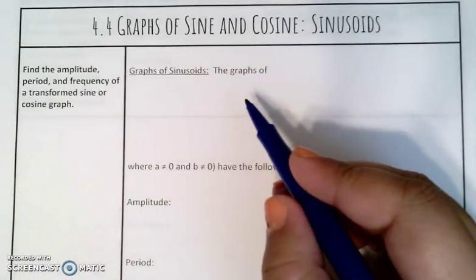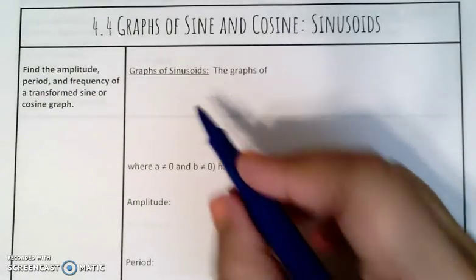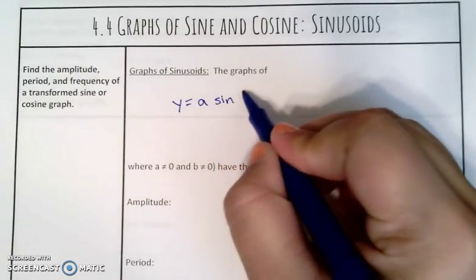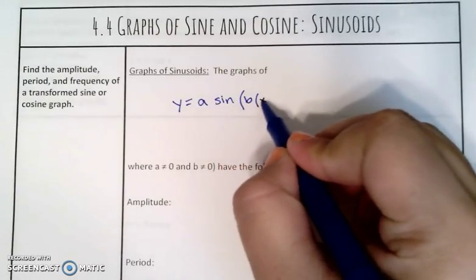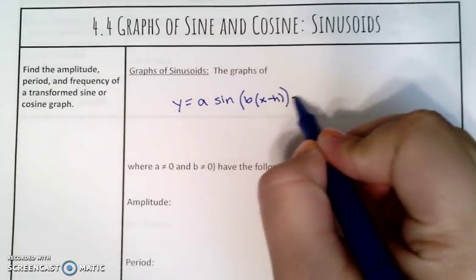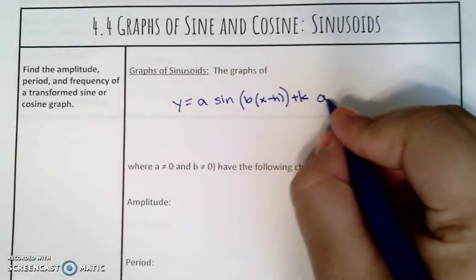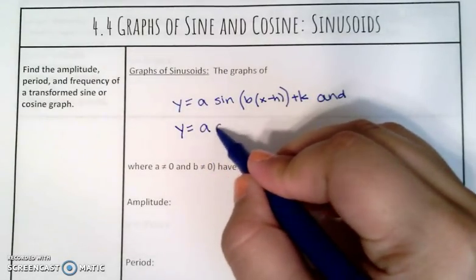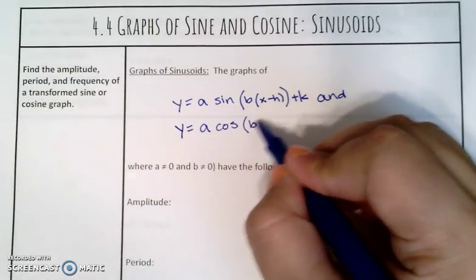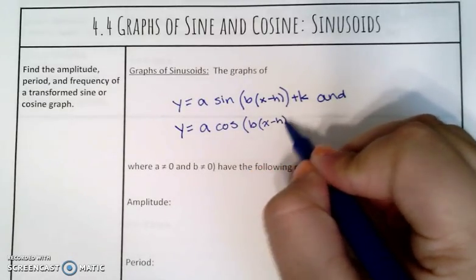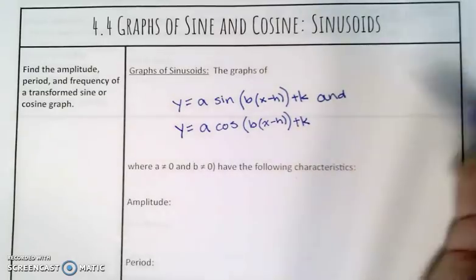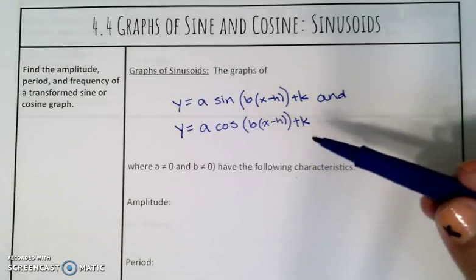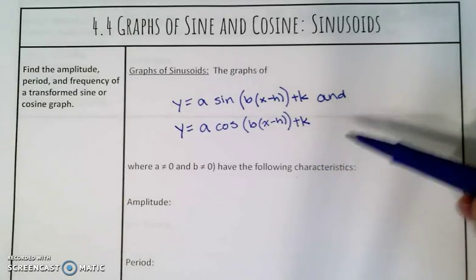So the equations that we look at are y equals a times sine of the quantity b times x minus h plus k, and y equals a times cosine of b times the quantity x minus h plus k. These are the general forms of the equation where a, b, h, and k are variables.